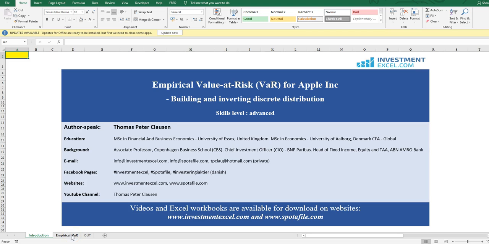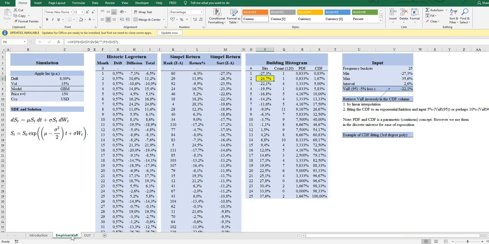Alright, let's take a look at a 10-year historical time series for Apple, which I have just simulated backwards in time with a geometric Brownian motion. It's up here, the Brownian motion, the input we need to simulate, and we simulate backwards.